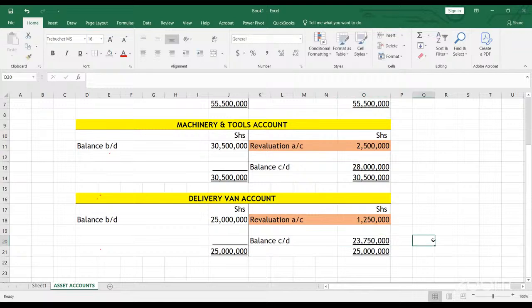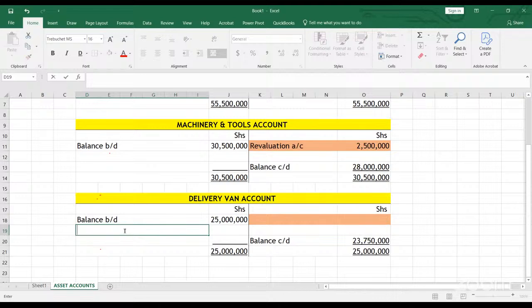Is it revalued upwards or downwards? It's revalued downwards, right? Yes.